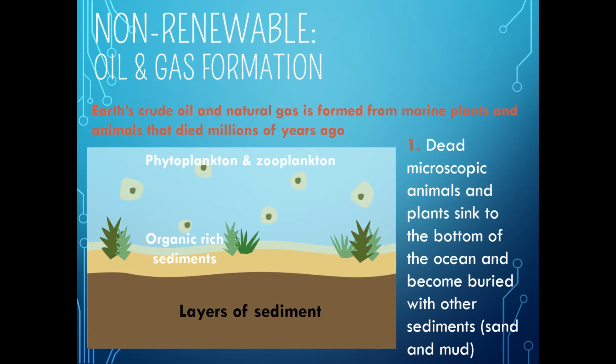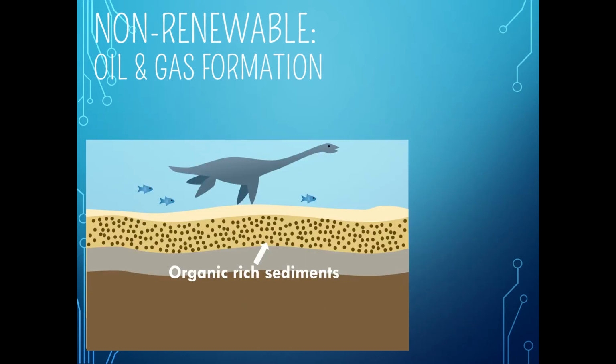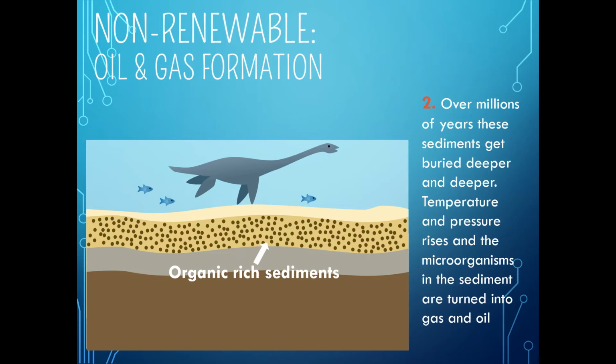Earth's crude oil and natural gas is formed from marine plants and animals that died millions of years ago. First, dead microscopic animals and plants sink to the bottom of the ocean and become buried with other sediments like sand and mud. Next, over millions of years, these sediments get buried deeper and deeper.